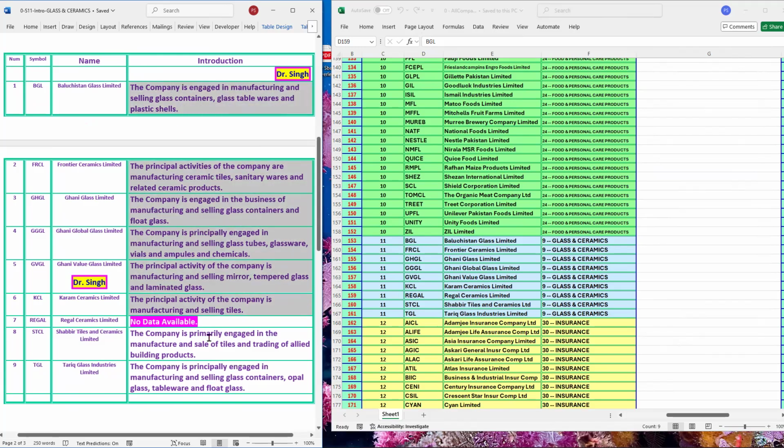So here I'm going to ask you to read all of that. You don't have to memorize. You get familiar with these words, what they do, and so on and so forth. So if you are interested in this particular company over here, whose symbol is STCL, Shabbir Tiles and Ceramics Limited, they give you an introduction as to what they do, and then you can go on their website.